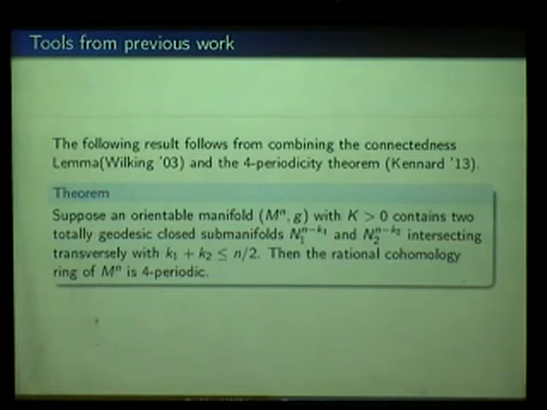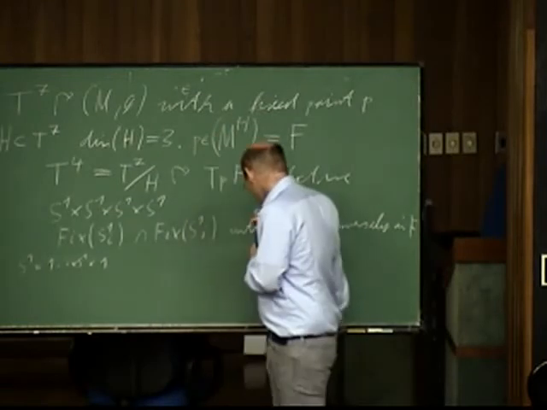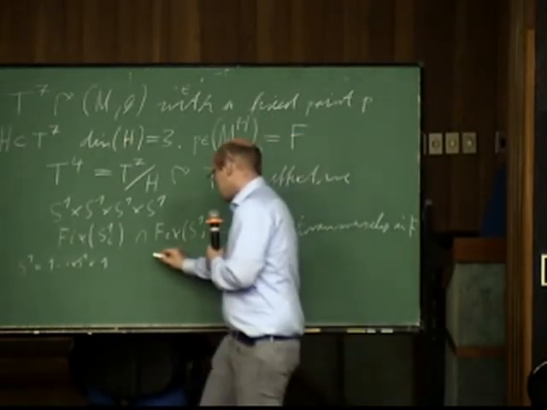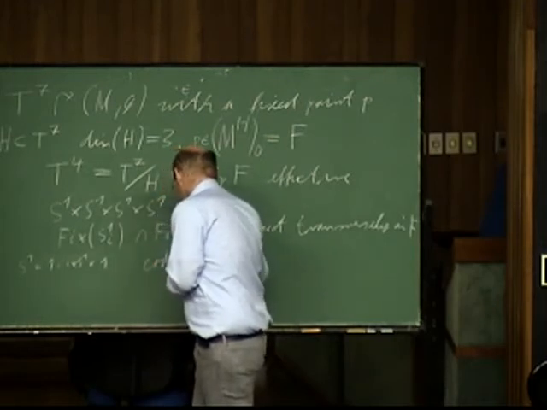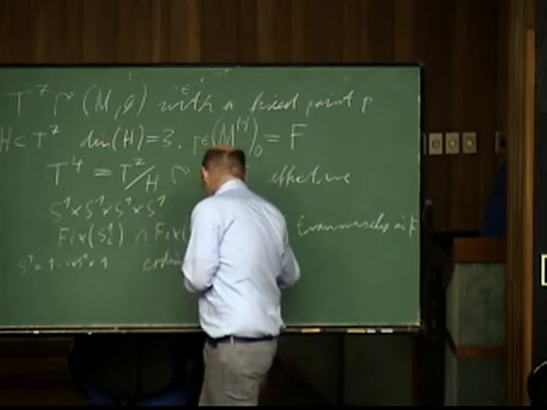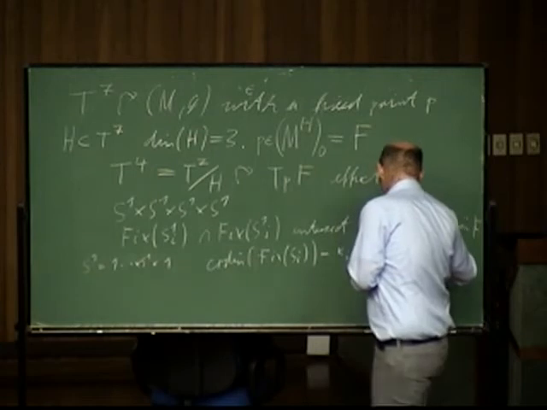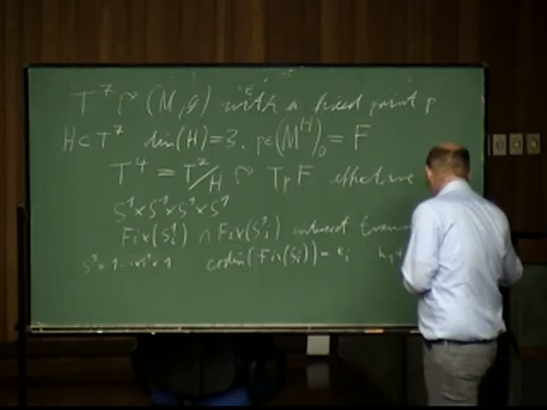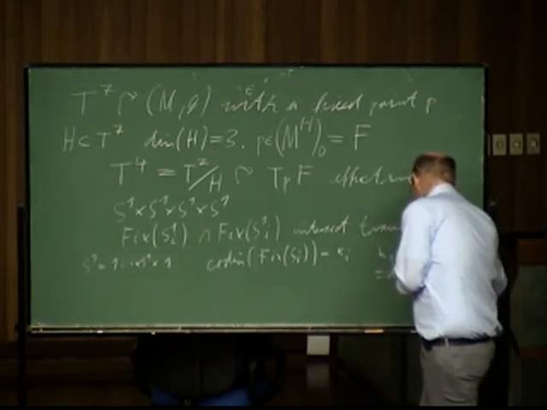And this we can do now here if you have a 7-torus. Basically each of these S1s has a certain codimension, and we take the two S1s with the smallest codimension. So fix a codimension of Fi, say Ki. Then K1 plus K2 plus K3 plus K4 is equal to the dimension of F minus the dimension of the fixed point set.